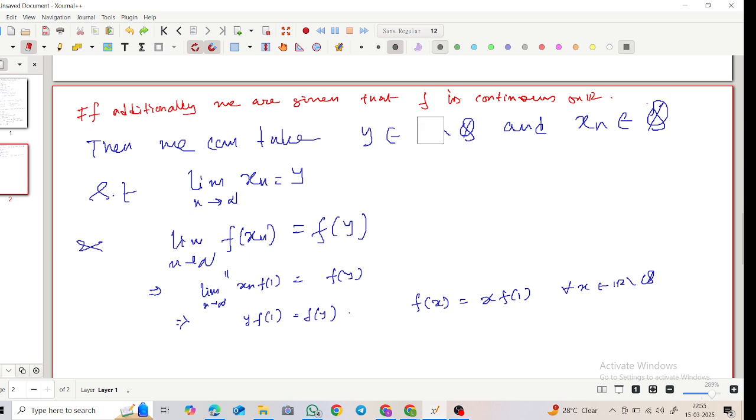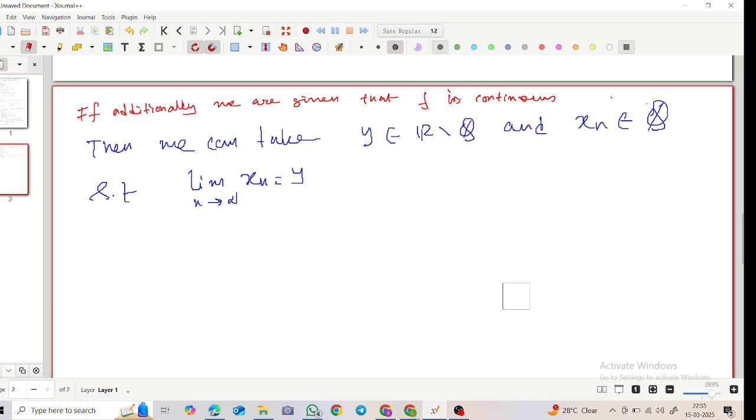So he is saying you take only if f is continuous at 0, right?